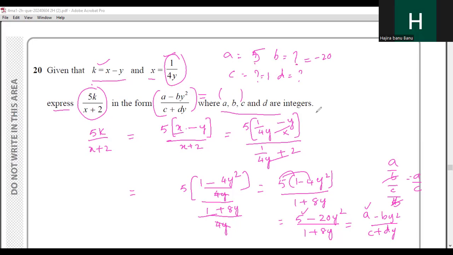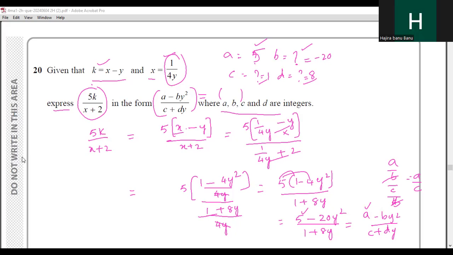So c is 1, and the d value is 8. So I got my a, b, c, and d. This is the solution of this question. Now quickly, let us go to the next question.